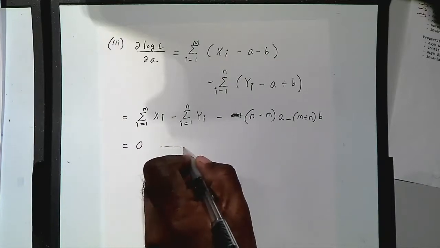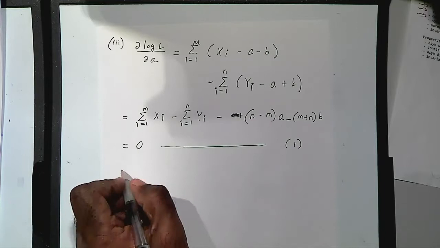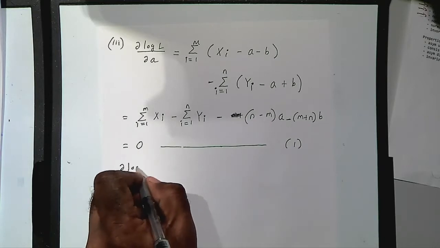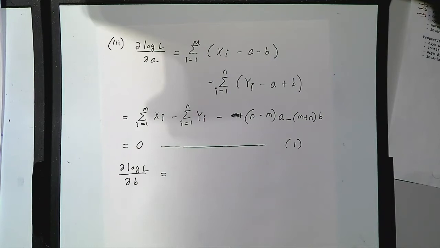And call this equation 1. Now the partial derivative with respect to b, right, is as follows.